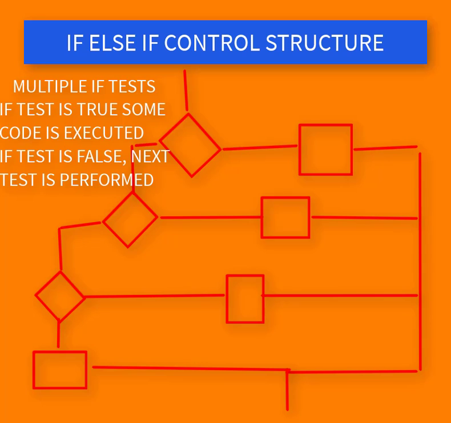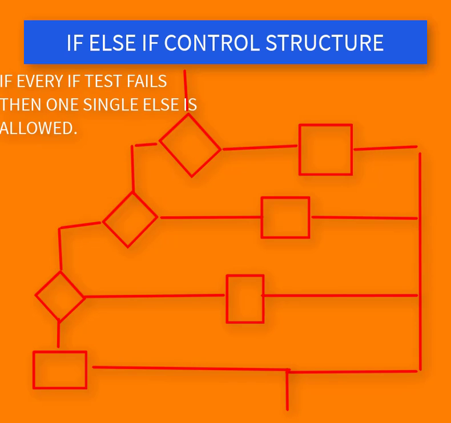If that test fails, you move on to the next one. If the second test is true, you execute a different code for the second test, just like an if test. And just like that, you can design as many if tests as you want. The very last one is else. You're allowed to use a single else that will only execute if all the previous if tests fail.